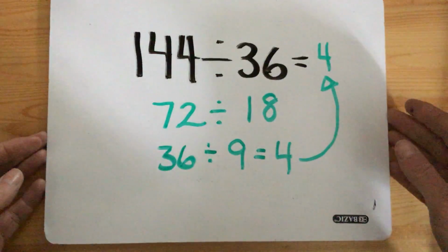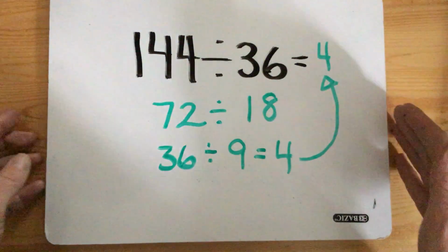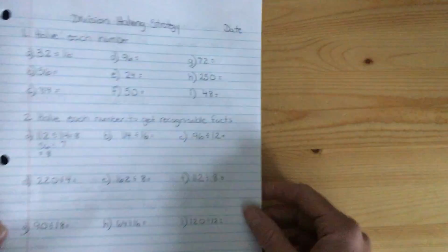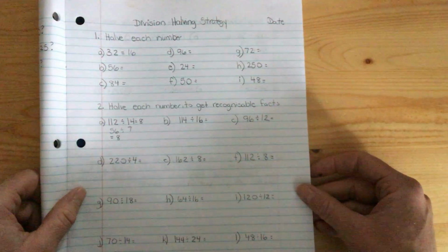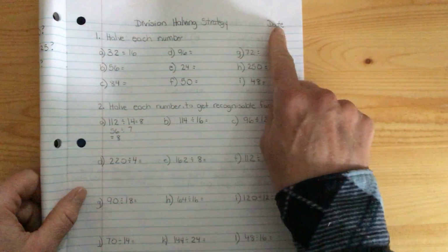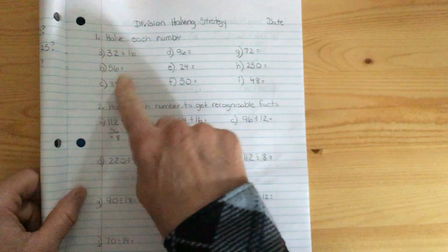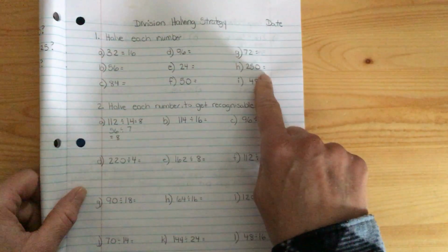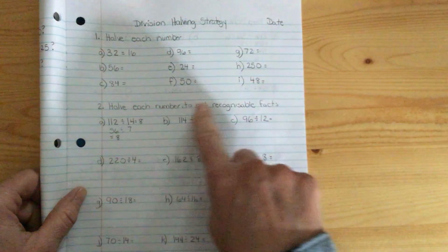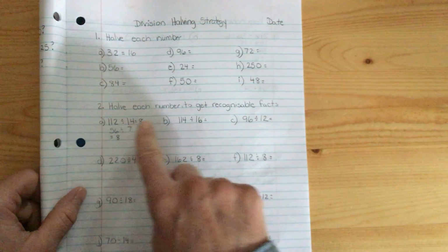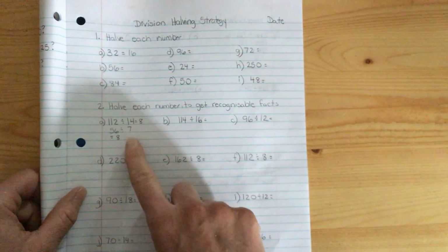I'm going to provide you also with a poster to show you again, and then I'm going to show you quickly your notebook. So your notebook is going to look like this. Like I said, you do need to put the title, put the date. You don't have to write out each number, but you do need to write the questions out and then answer them. So this one's been done for you to show you.